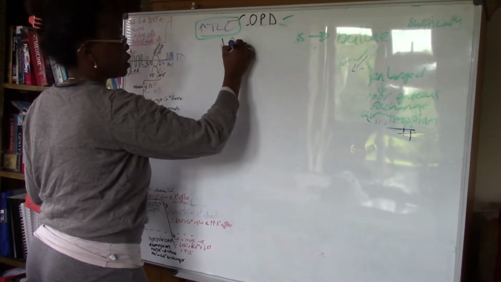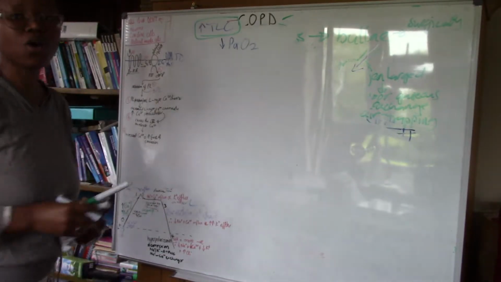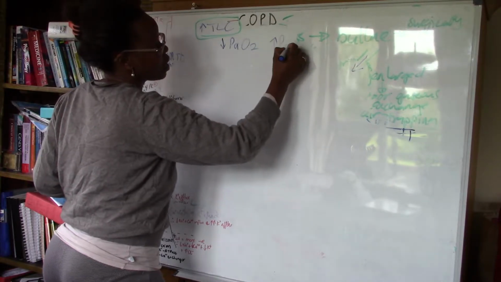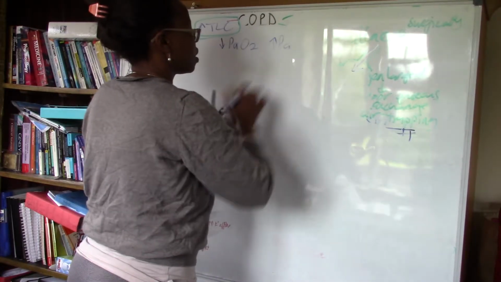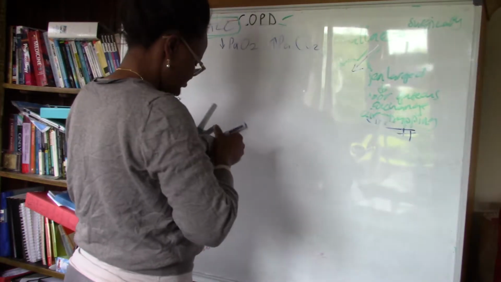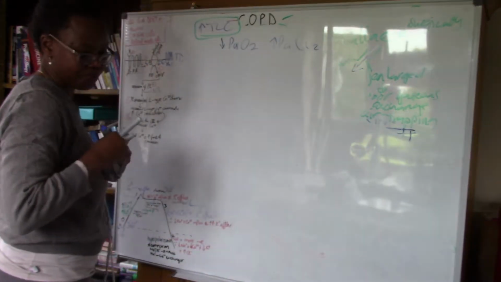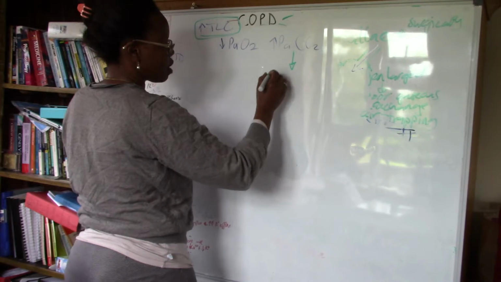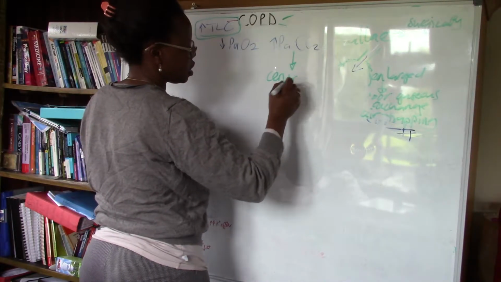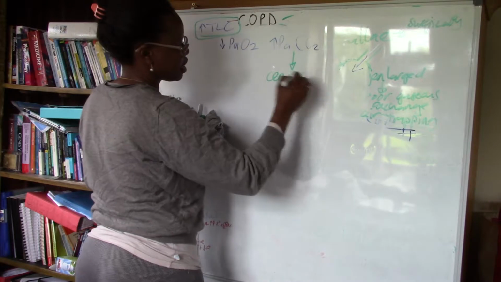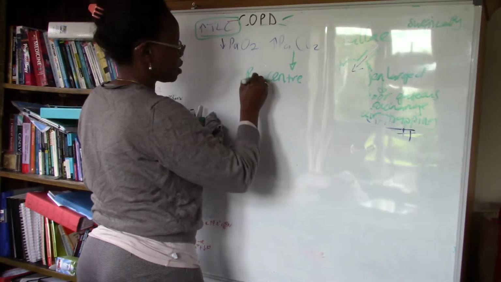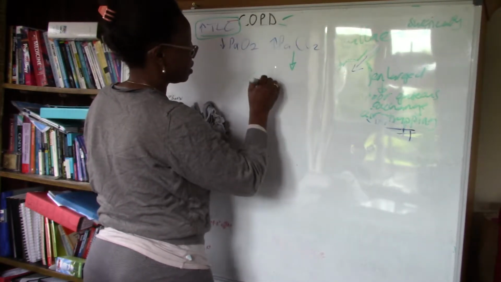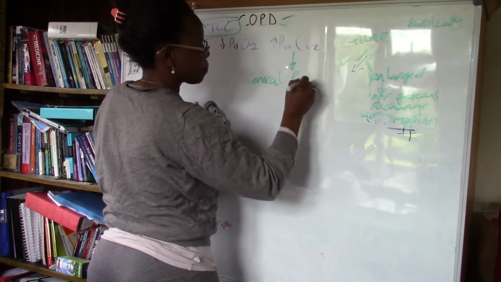So we will have people who have low oxygen pressure, and obviously low oxygen pressure means that there is high CO2 pressure, and that state of being hypercapnic activates the central respiratory center.